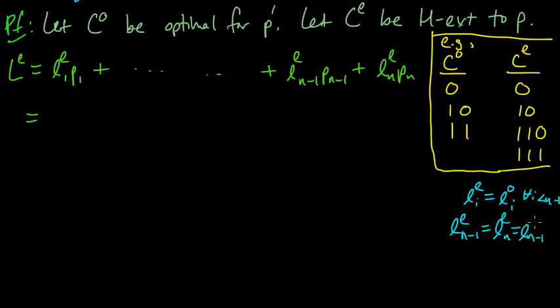So it's ln minus 1 O plus 1. We just add 1 to the length of the previous longest, the previous final code word. So let's just plug those in here.